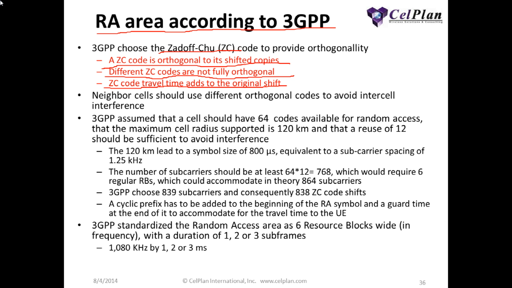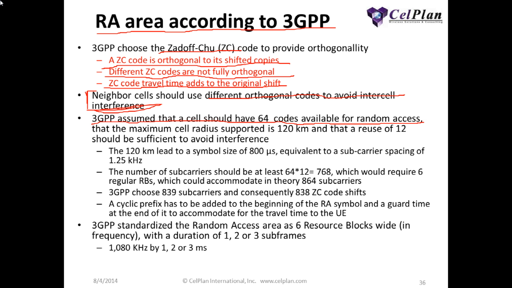Neighbor cells should use different orthogonal codes to avoid inter-cell interference. And that's something that we will plan, and we will show how it should be done. 3GPP assumed that a cell should have 64 codes available for random access.